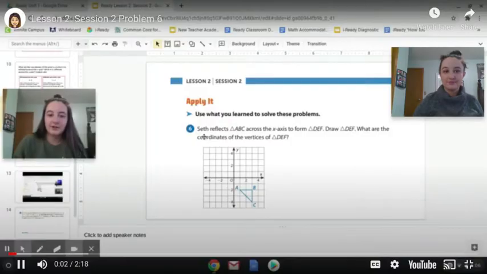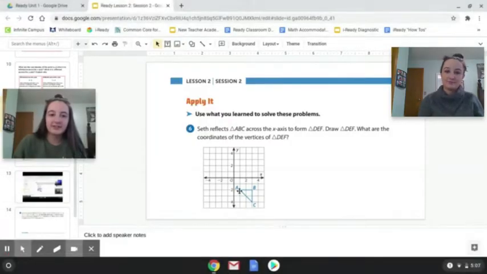Alright, so we see that Seth reflected triangle ABC across the x-axis to form triangle DEF. We need to draw the new triangle and then find the coordinates. So again, it's across the x-axis, so we will use this one right here, the x-axis.